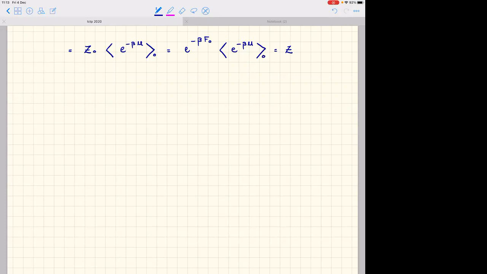Now, ideally, what I need to compute is not the partition function. The partition function is not a physical quantity. What is a physical quantity is the logarithm of the partition function.